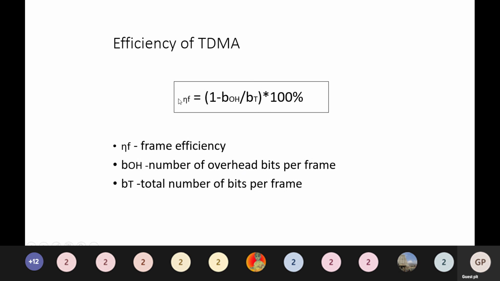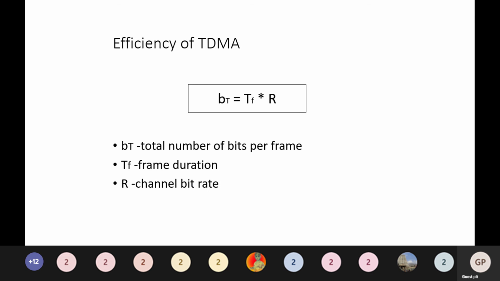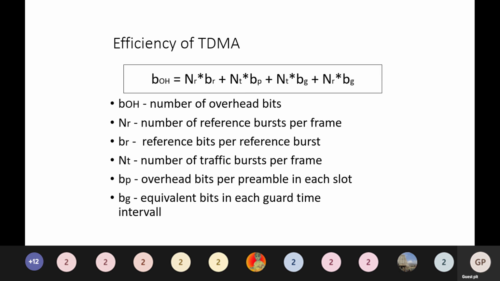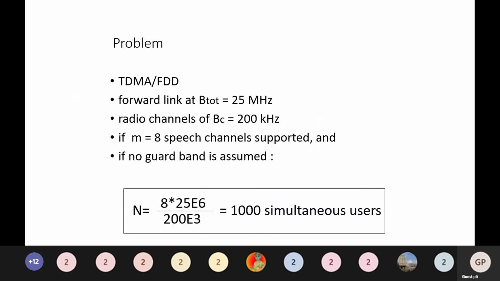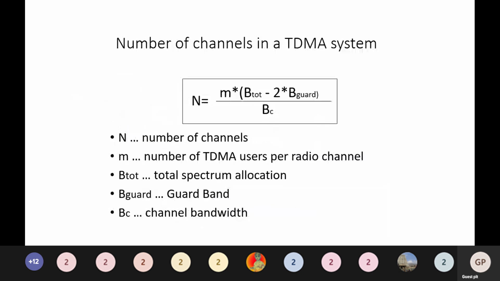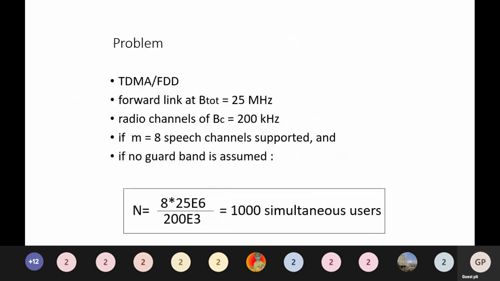So the frame efficiency is given like this: BOH is the number of overhead bits per frame, and BT is the total number of bits per frame. Based on this, you can expect some GATE exam problems.